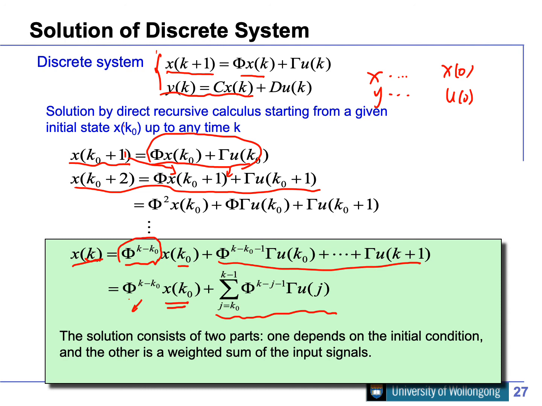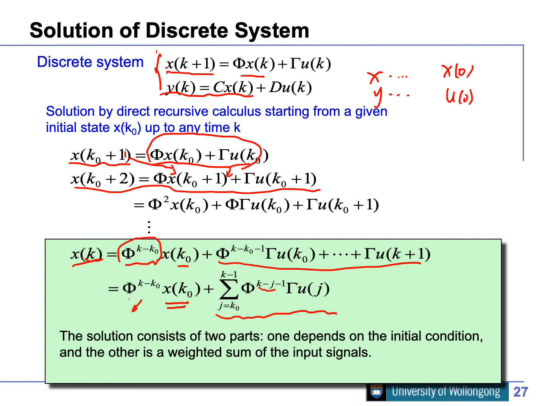The second part is a summation of phi and gamma, but the order of phi and gamma is opposite. So this is pretty much a convolution of this signal, the convolution in discrete time. So it becomes just adding together.